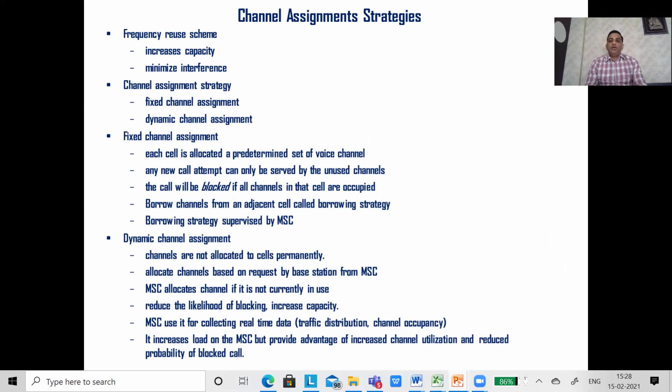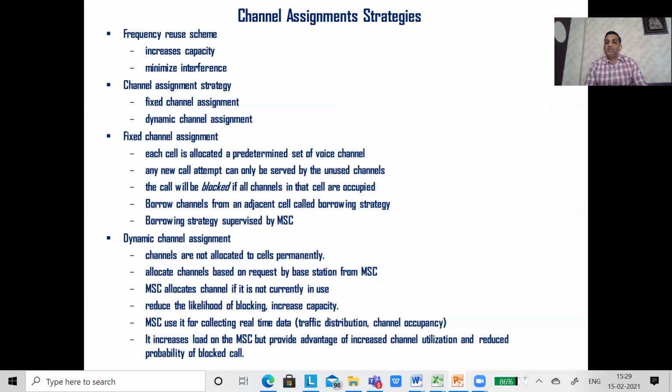Now let's have a look at channel assignment strategies. To use the radio spectrum efficiently, frequency reuse methods are used for increasing the capacity and minimizing the interference.